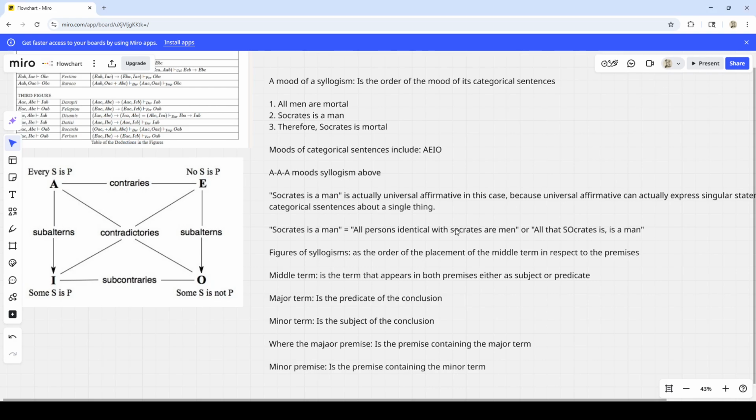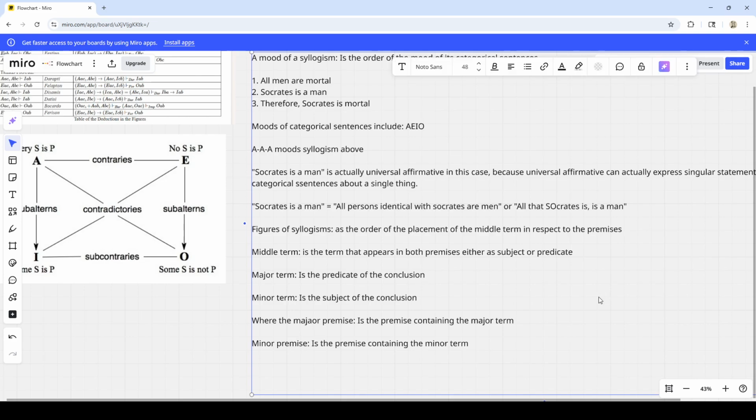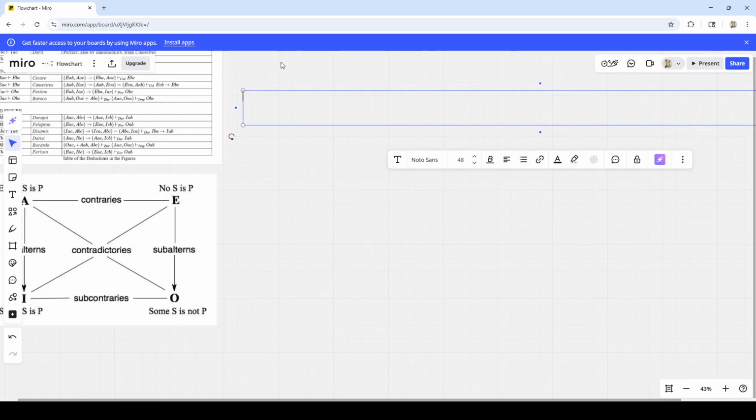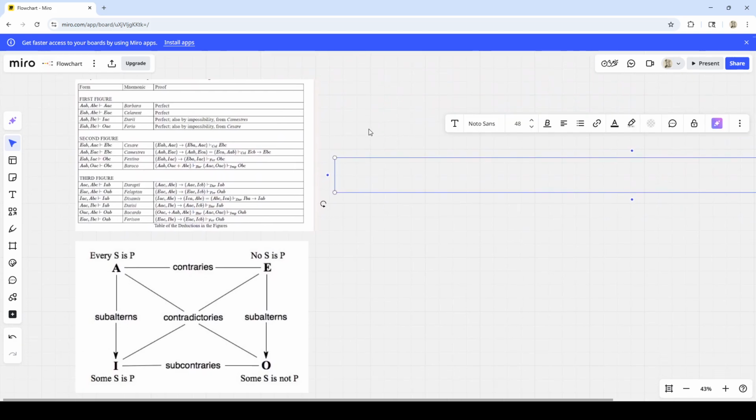Now, you need to know that Aristotle held the first figure syllogisms to be perfect syllogisms. Perfect syllogisms in the sense that they don't need more terms. They don't need anything else to prove them. They're just perfect, so they're kind of like self-evident.